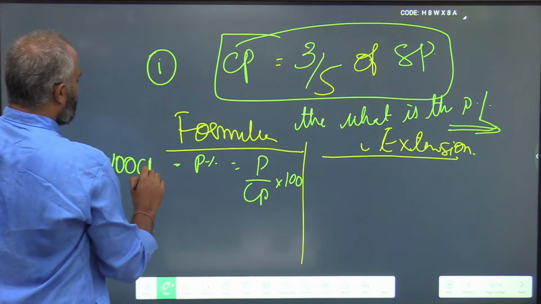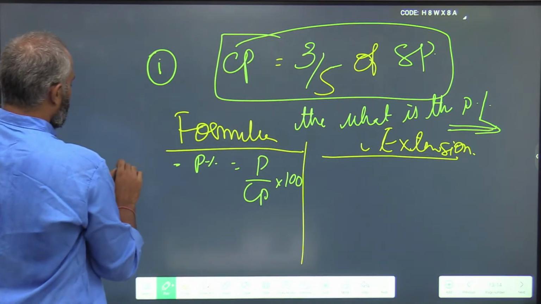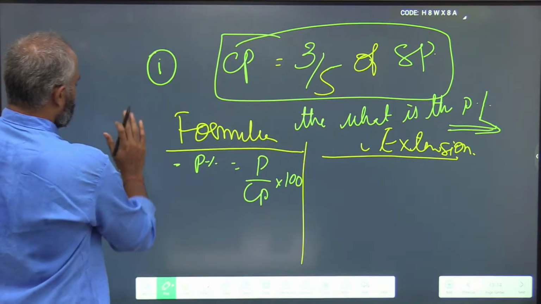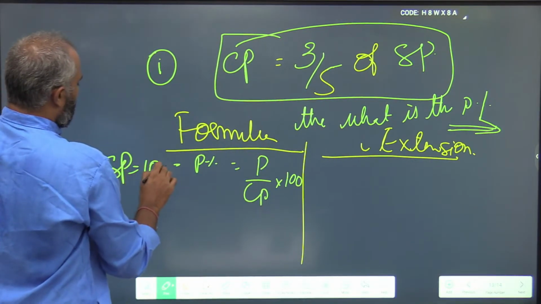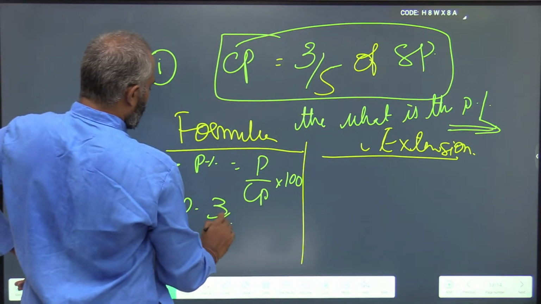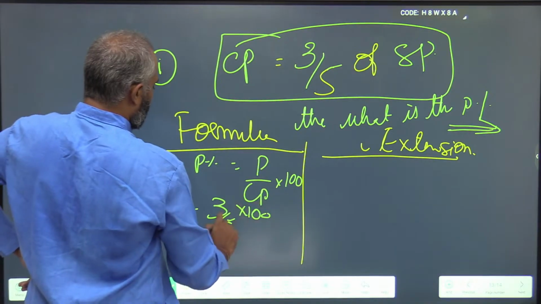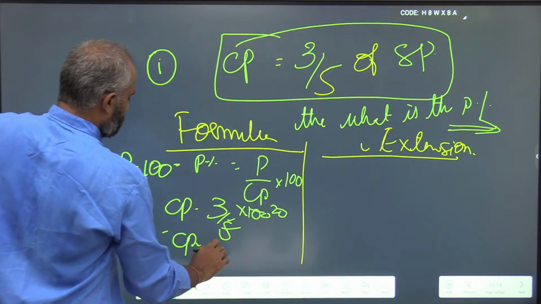Since SP is given, assume SP as 100. So CP becomes 3 by 5 into 100, which is 60.